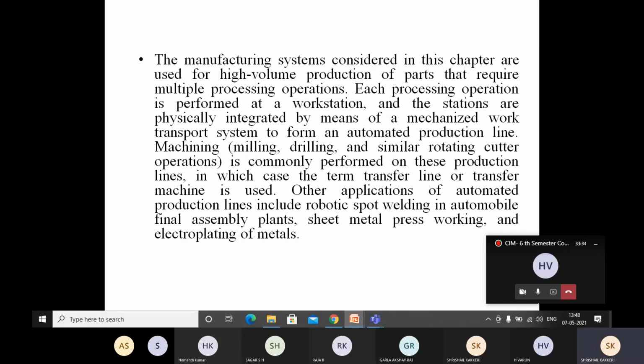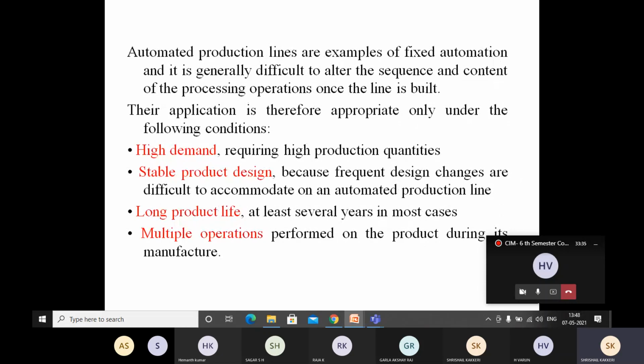Now, the automated production line example is a fixed automation, since the machine configurations, the conveyors, the upenders, the downenders and the work holding devices, all these will be fixed for a particular part. So it is a simple example of fixed automation.